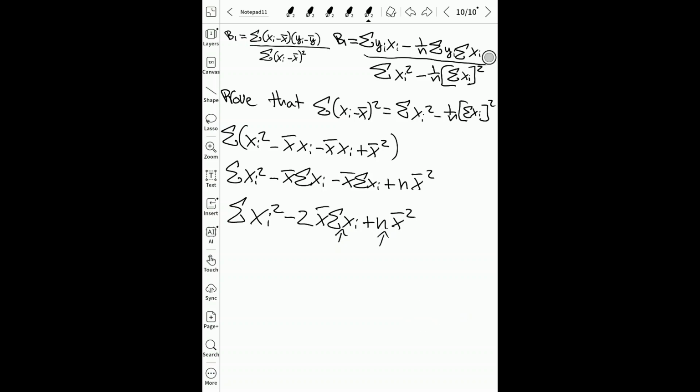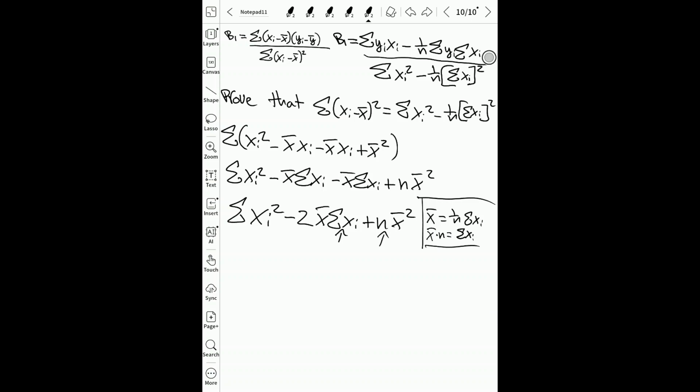And it should be unsurprising that to do that, we're going to once again rely on the definition of x bar. So x bar is equal to 1 over n sum of xi, right? Which must mean that x bar times n is equal to the sum of xi.